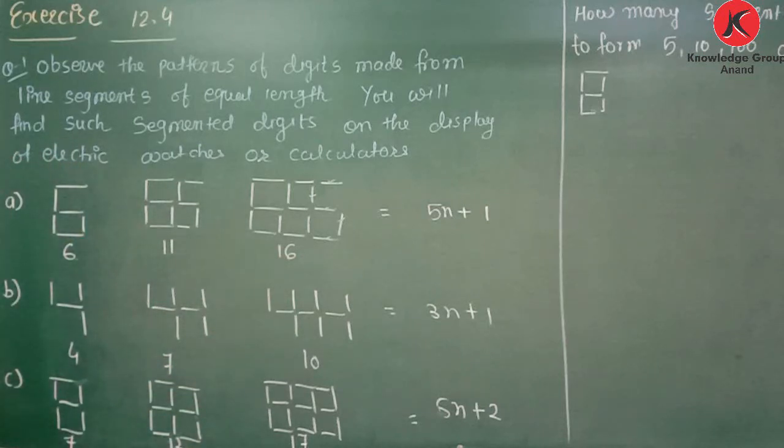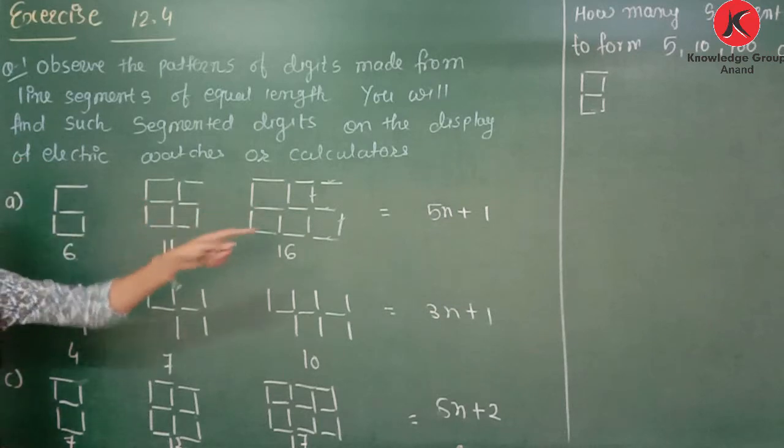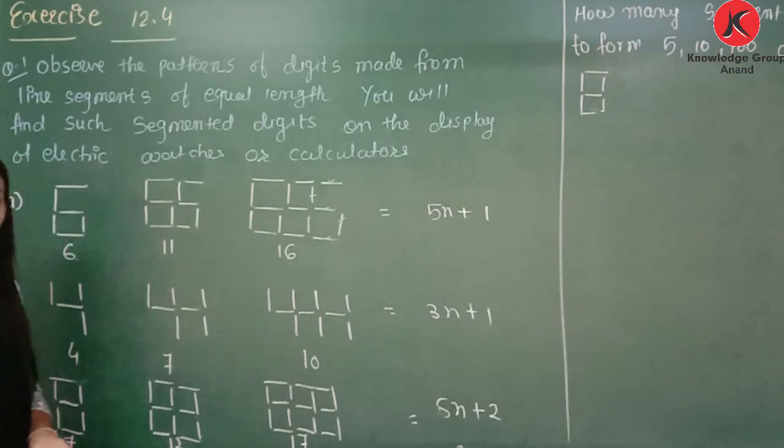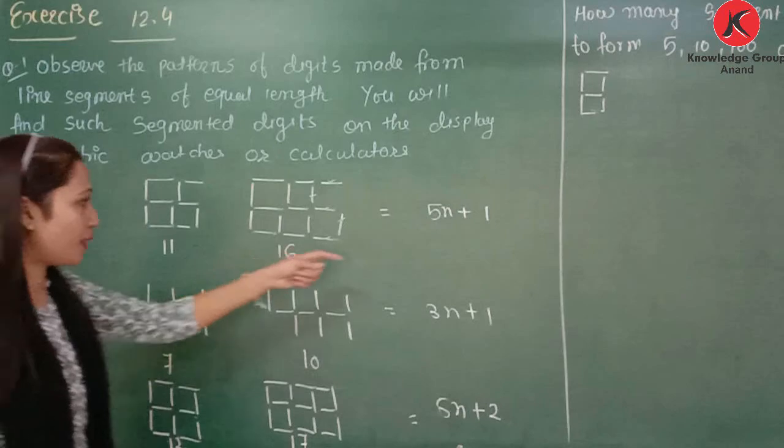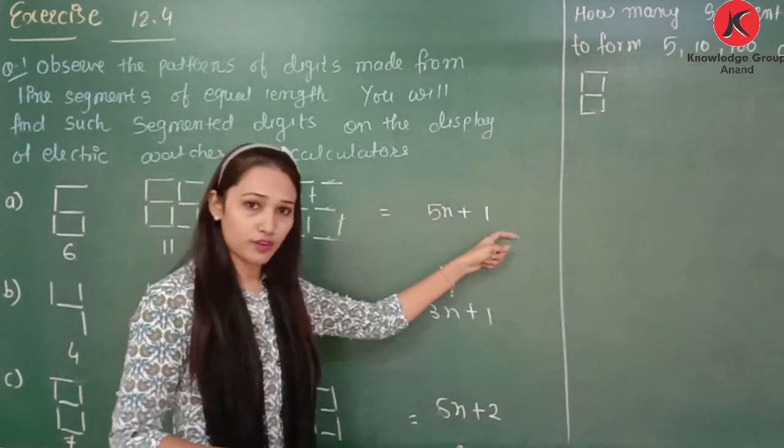First we need a 6, which means 1 more matchstick is needed for the first 6. Then for every next consecutive pattern, we add 5 line segments. So the pattern will be 5n plus 1.